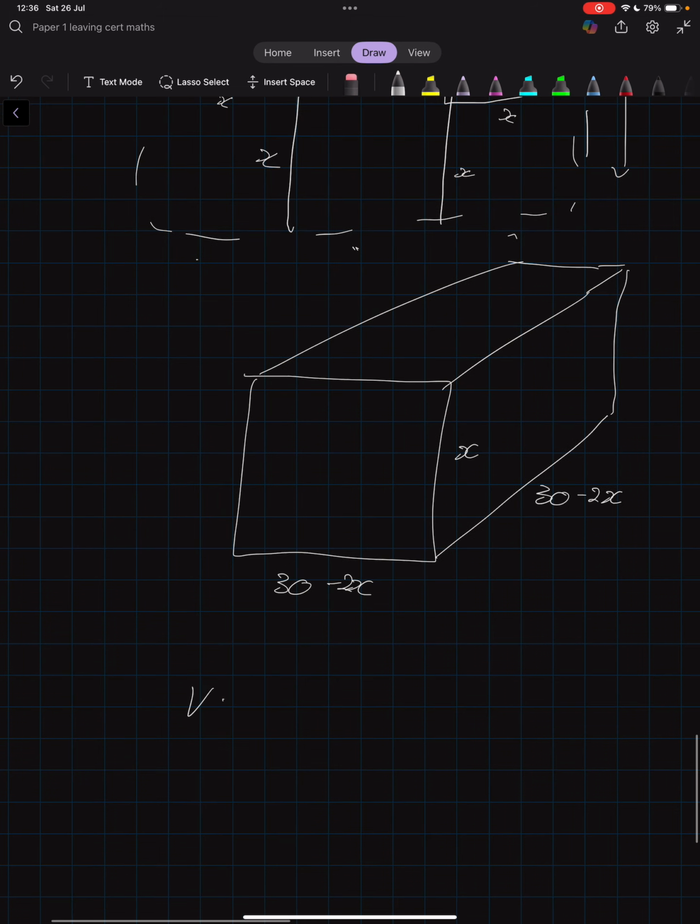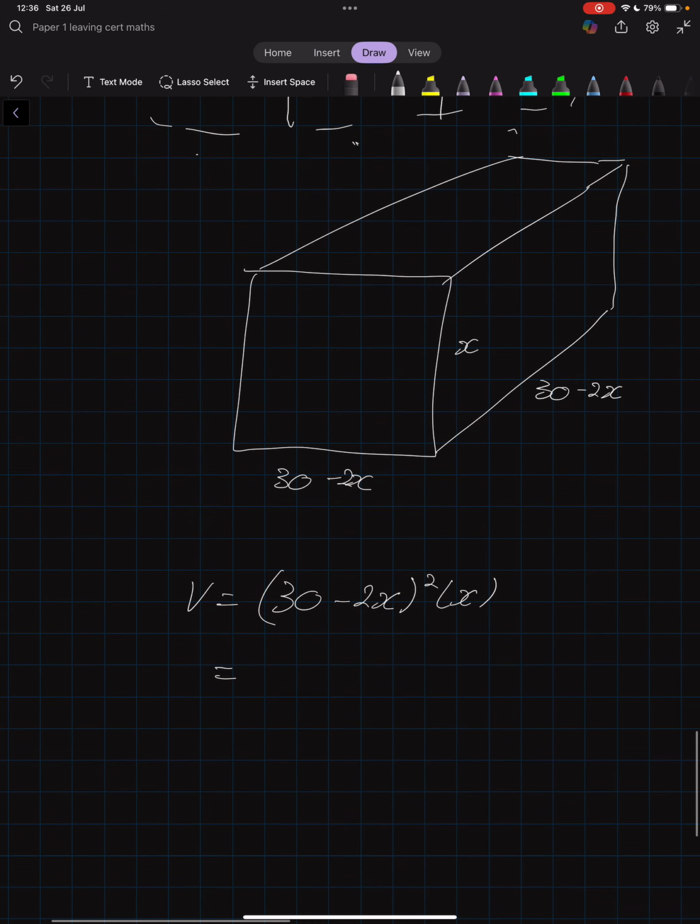So the volume is going to be 30 minus 2x squared times x, which, if you do this out, you are going to get 4x cubed minus 120x squared plus 900x, like that.